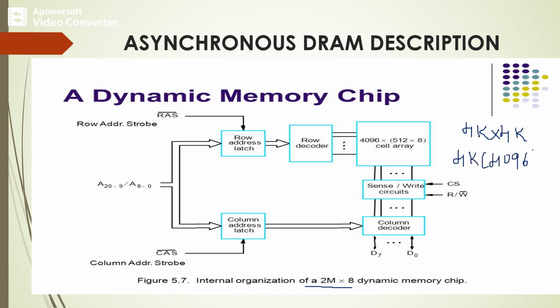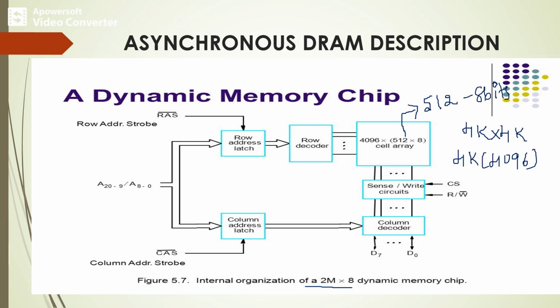4K means 4096 cells. We approximate it as 4000 in each row, and that is divided into 512 groups. Each row is divided into 512 groups, and each group consists of 8 bits of information.